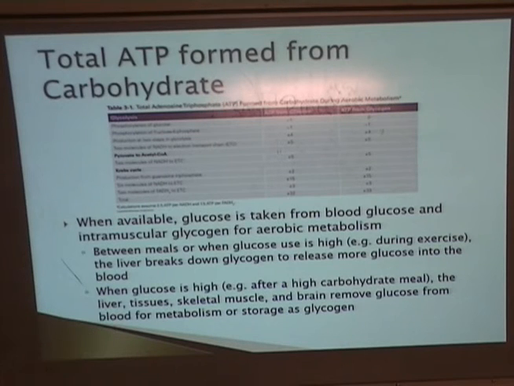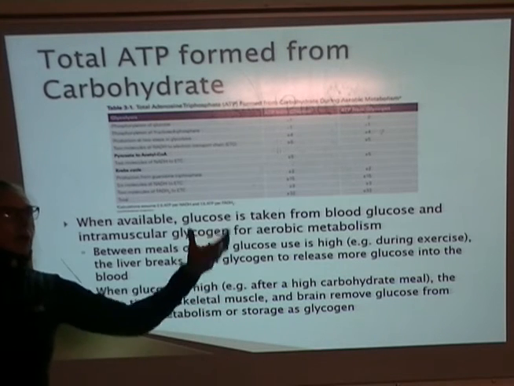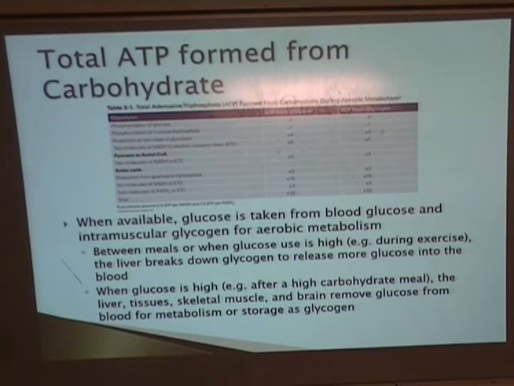When our blood glucose levels are very high, so if I have a humongous big plate of pasta or rice, or I have a great big jacket potato, right? I've got lots of carbs in the meal that I'm eating, then the liver and the muscle and the brain will remove glucose from the bloodstream and use it for energy or for storage.